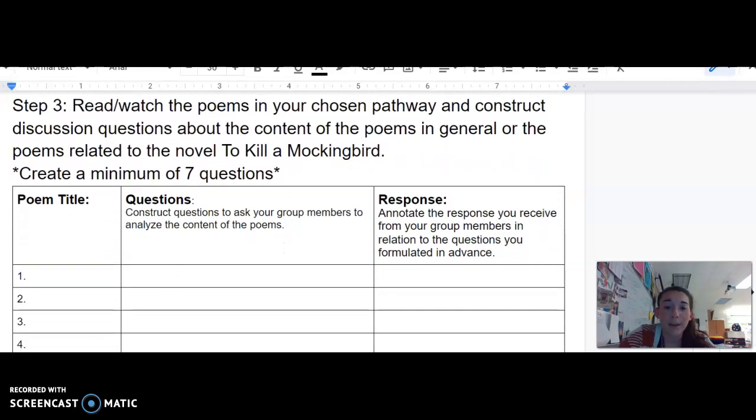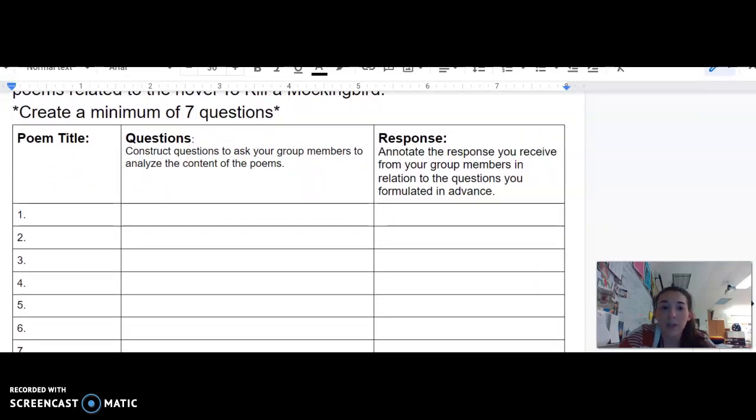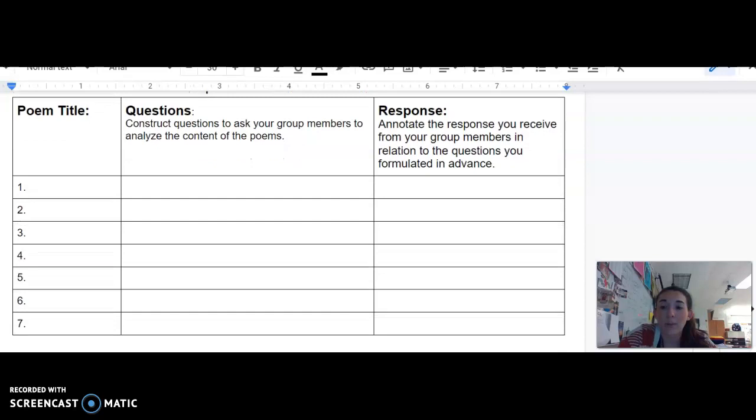And then step 3, read or watch the poems in your chosen pathway to construct discussion questions about the content of the poems in general, or the poems related to the novel To Kill a Mockingbird. So you would write the title of the poem in this column. You should have a minimum of 7 questions about the poem pathways. So there are 3 different poems in each pathway.